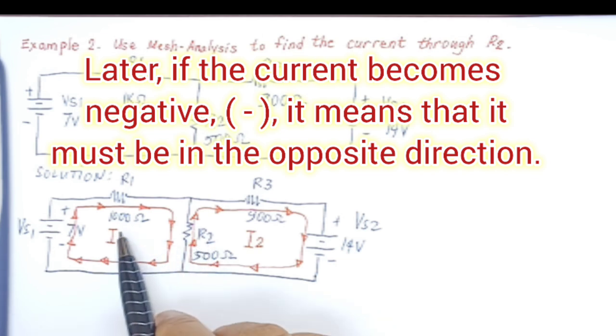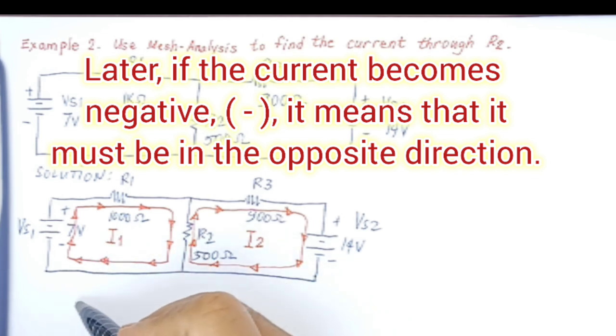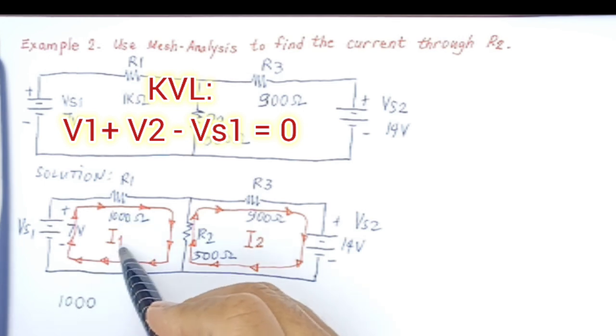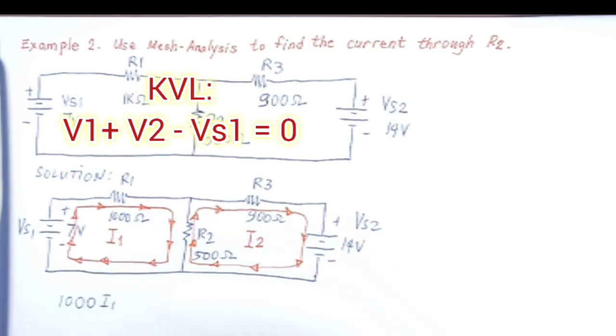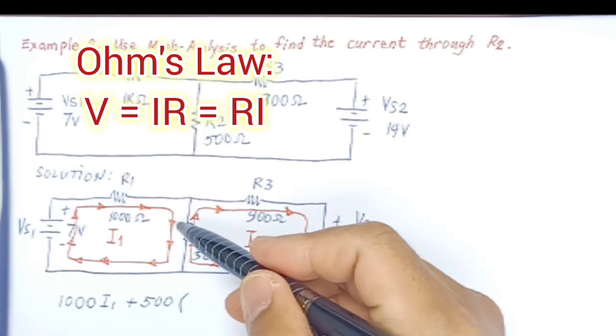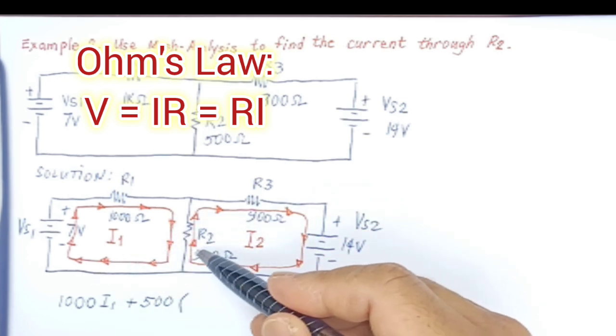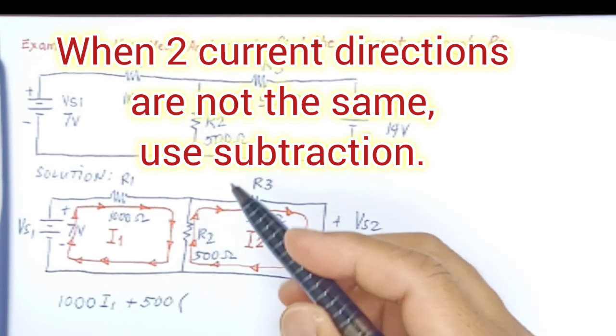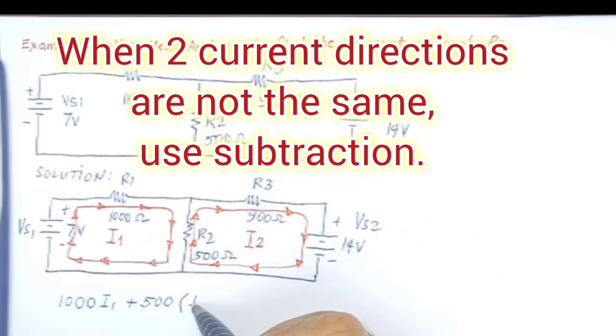Now, we have here I1, and what we do is we multiply R1, which is 1000, by I1. So we will get 1000 I1, and then plus 500 multiplied with I1, but since the direction of I1 is going down and the direction of I2 is going up, we will subtract: I1 minus I2.